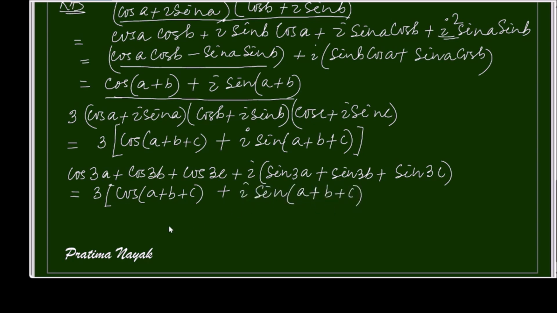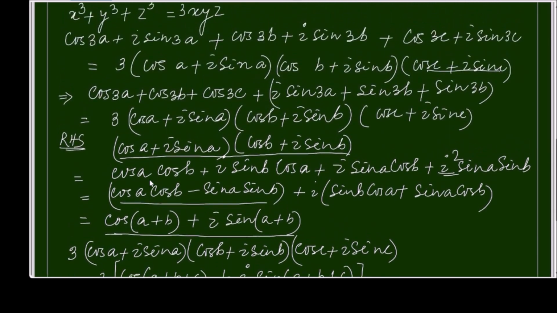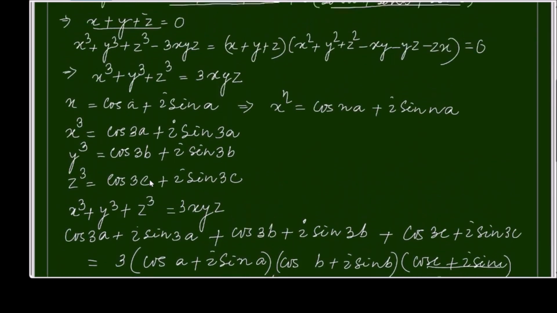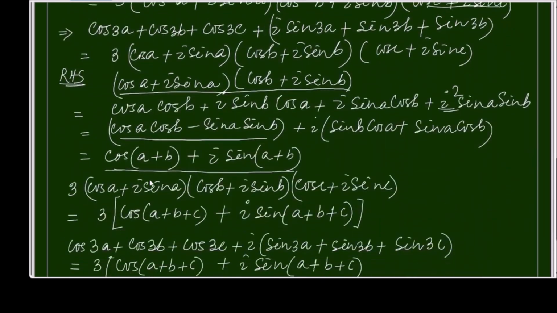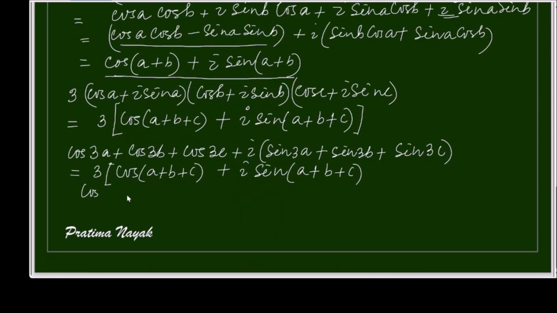Now I am separating the real part and imaginary part. So let us see again what we have to prove. That will be cos(A+B+C), 3 will be divided here, equals 1/3 (cos 3A + cos 3B + cos 3C).